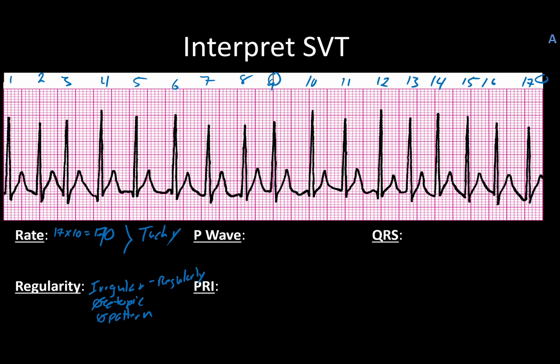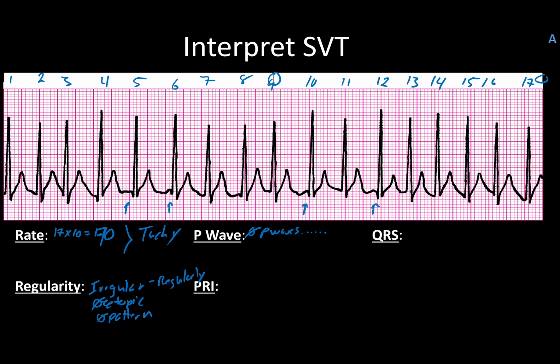So we figured that out. In terms of P waves, do we have any? I'm going to say no P waves. But if you look closely, here, here, and here, you see something that may be reminiscent of a P wave, but more importantly, if you look right here in front of beat number 5, you'll see it just kind of waves a little bit.